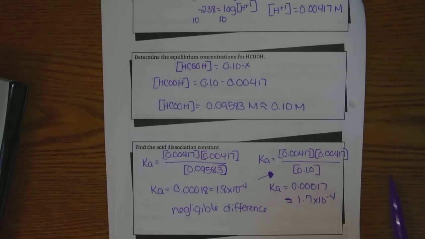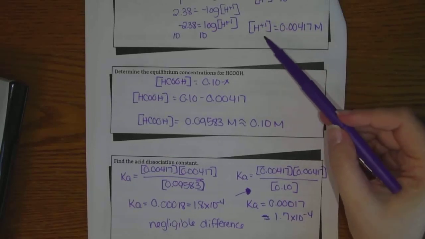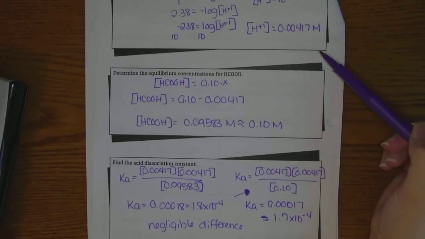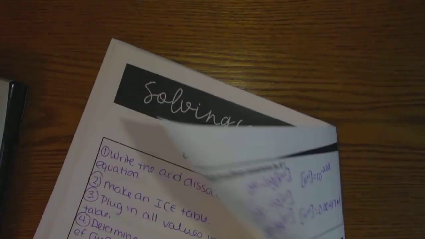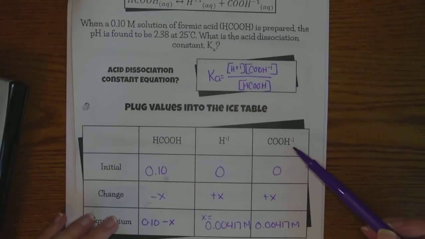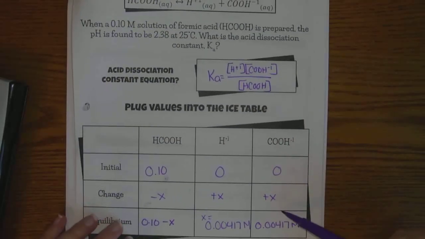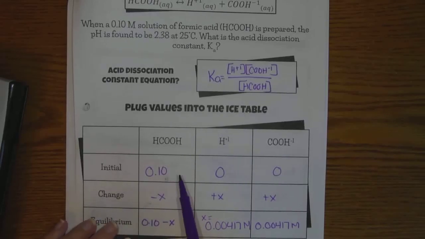I hope it does. The whole point behind this whole idea is that the concentration of your hydrogen ions is always going to be very, very small. And because it's very, very small, that also means that the dissociation concentration for whatever your cation or your anion is also going to be very, very small. So whatever we take out of this large number that we started with is going to be very, very small.